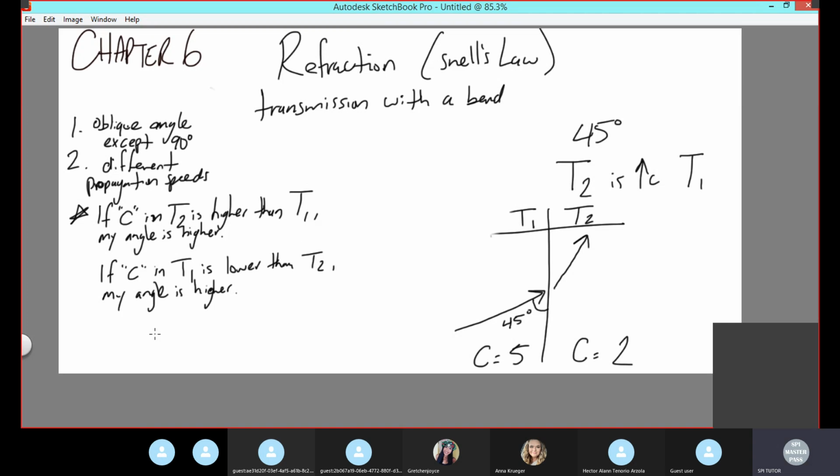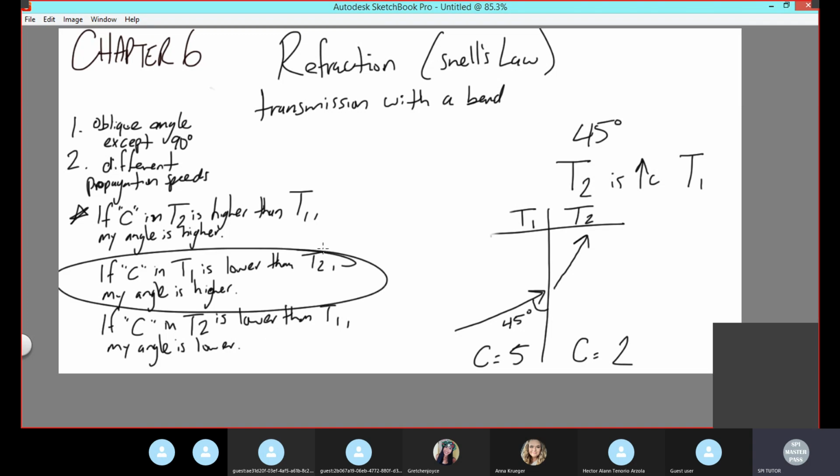Because remember the direct relationships? Tissue 2 is directly related to my angle. So if propagation speed in tissue 2 is lower than tissue 1, then my angle is lower. Because tissue 2 has a direct relationship to the angle. So now that tissue 2 is lower, my angle becomes lower. And from this rule, we make the final rule, which is what we did here.